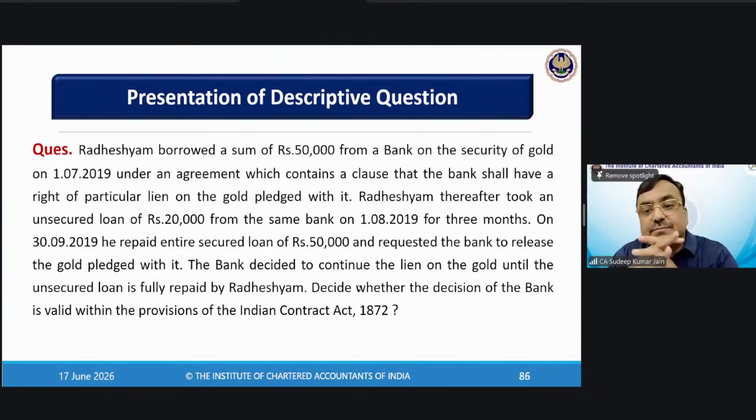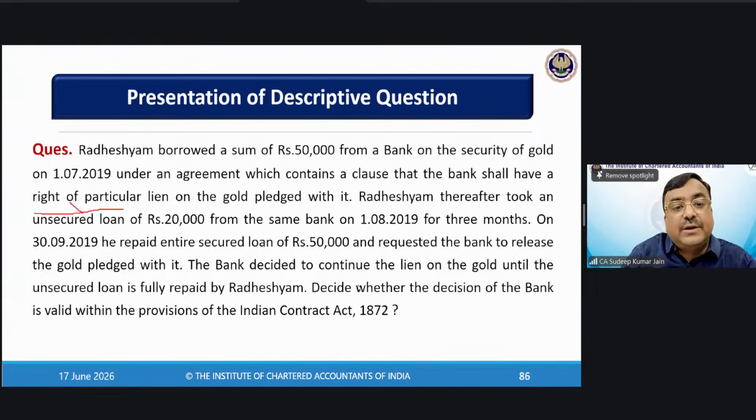First question. Radheshyam borrowed a sum of rupees 50,000 from a bank on the security of gold on 1st July 2019 under an agreement which contains the clause that the bank shall have a right of particular lien on the gold pledged with it.